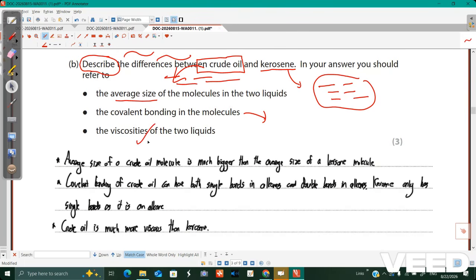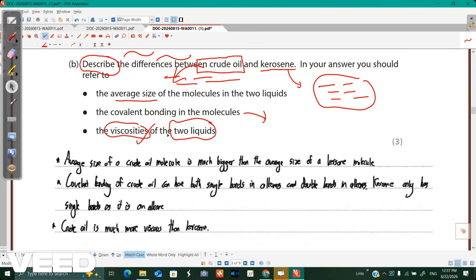Viscosity, yes, definitely, since it contains larger compounds also, viscosity is much greater. So you don't need to tell the reason. Viscosity is greater in crude oil. Viscosity is less in kerosene. That's it. Here you can only comment on the number of covalent bonds.